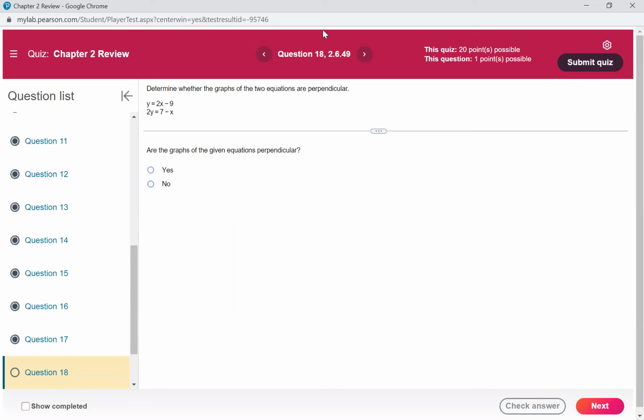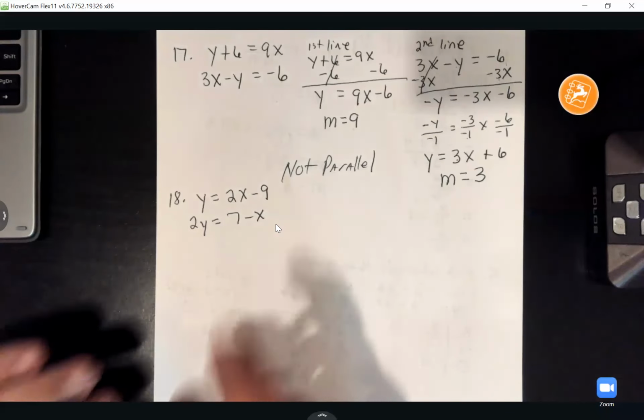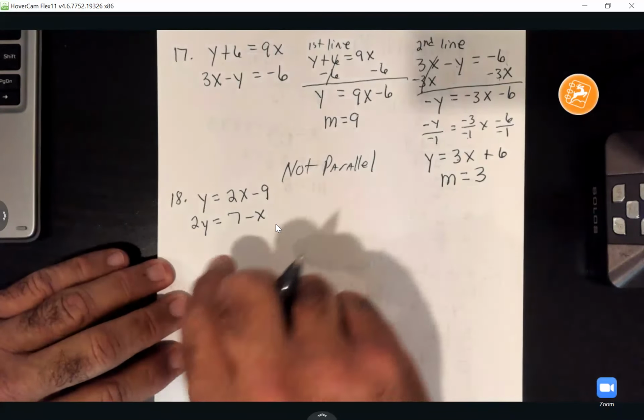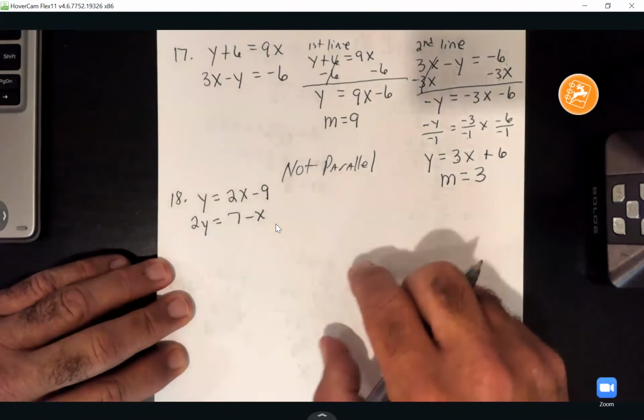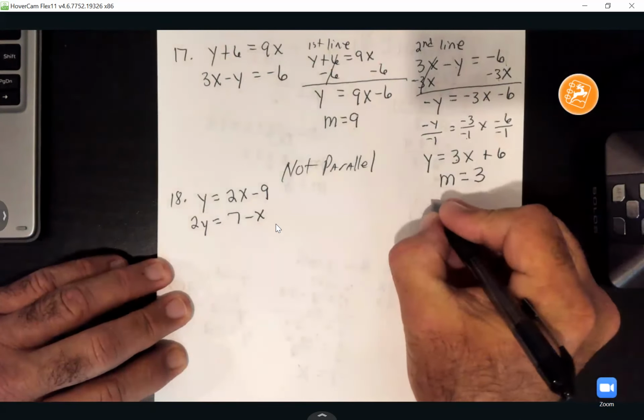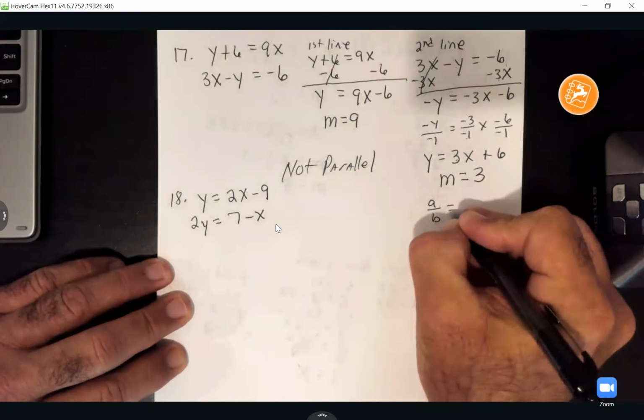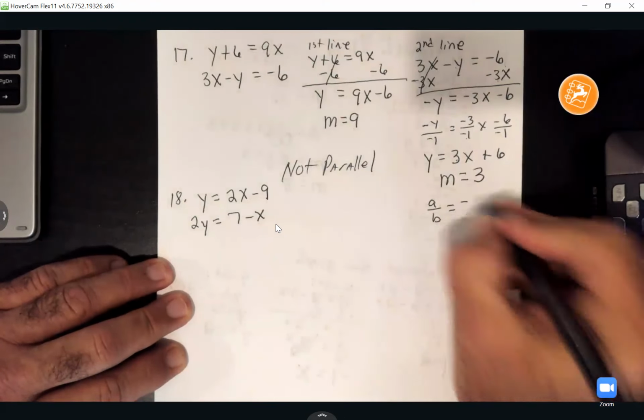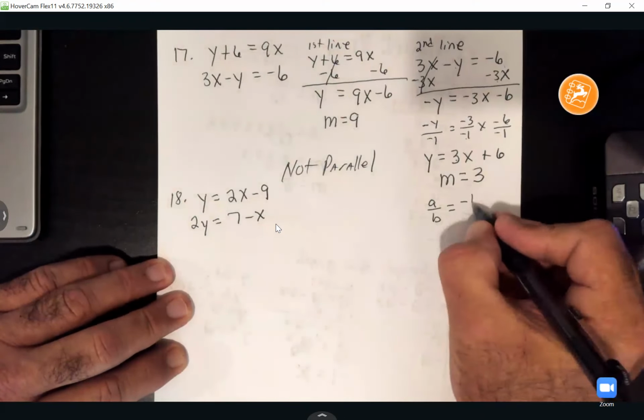So remember, if these lines are perpendicular, then the slopes have to be negative reciprocals of each other. So remember, negative reciprocals, if one's positive, the second one will be negative, and then you flip the fraction.